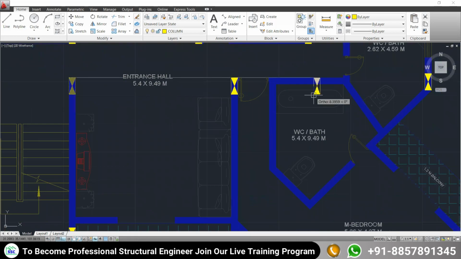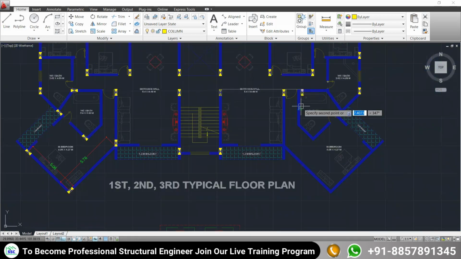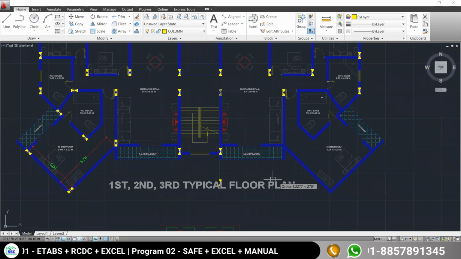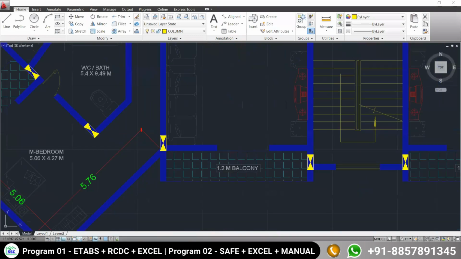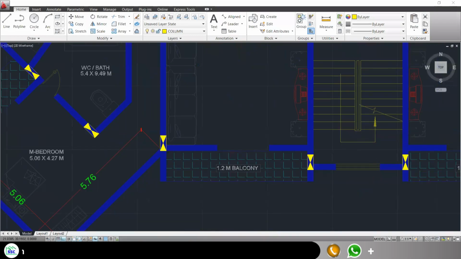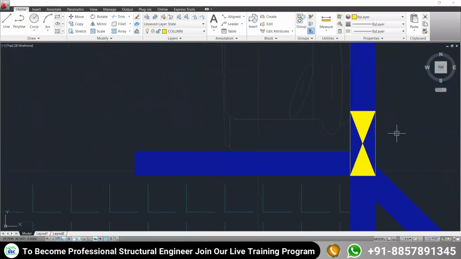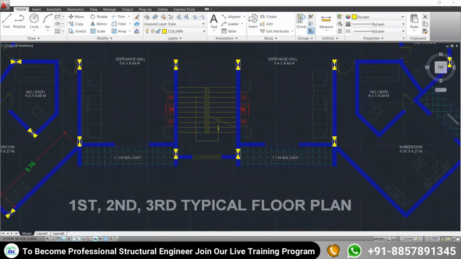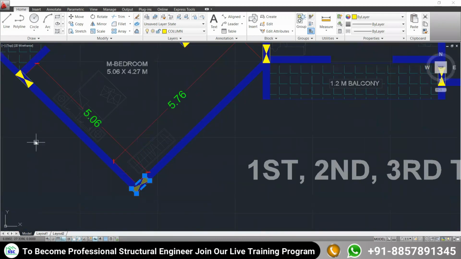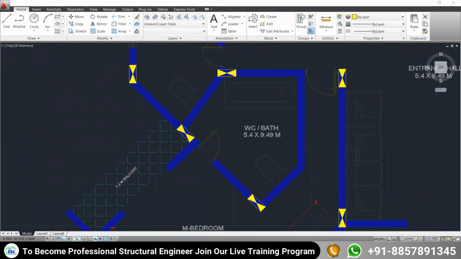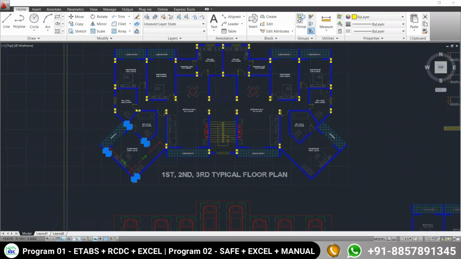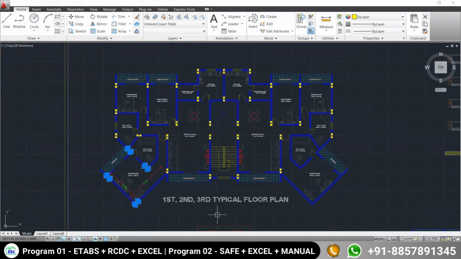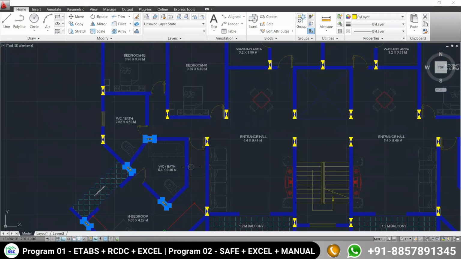Yeah, then take the column from here, this is also done. Okay. This should also be taken.